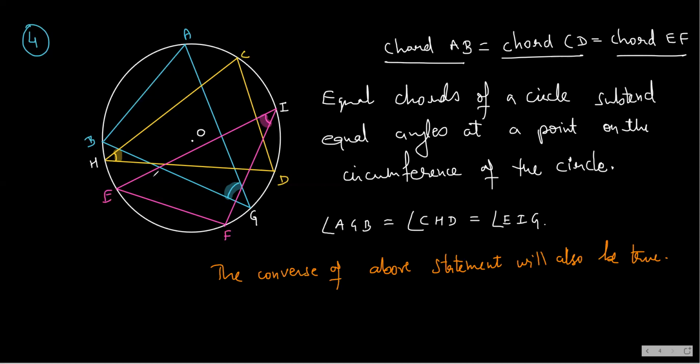What does that mean? Suppose I'm given that angles are equal. Suppose I'm given this angle which is subtended by chord AB at some point on the circumference is equal to this angle which is subtended by some other chord at some point on the circumference, and these two angles are equal. So if these two angles are equal, I can say that the two chords will also be equal. So this converse is also true. Remember that the converse is also true.